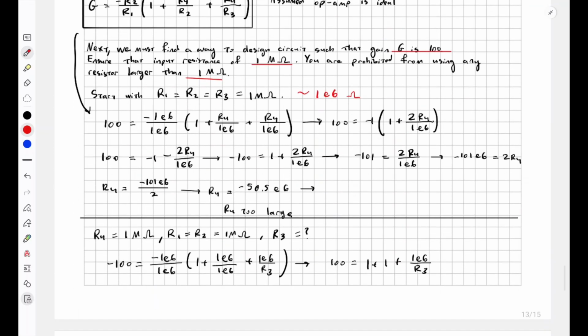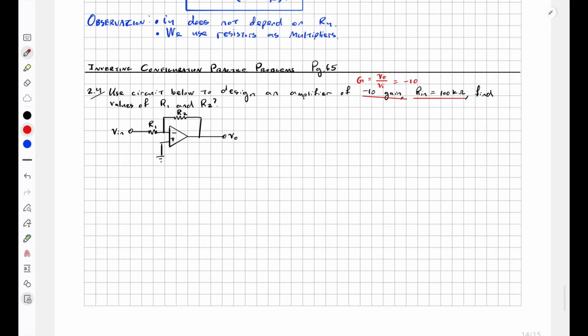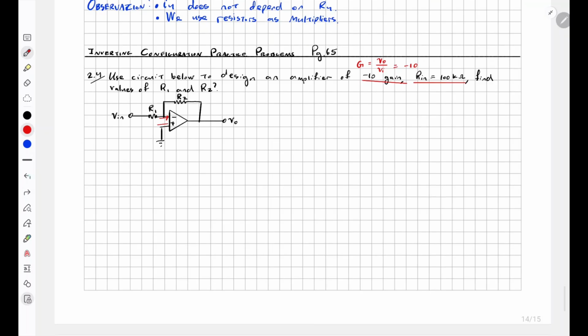So that's what we are going to do here. We treat this as an ideal op-amp, which means there is no current going into the input terminals. If that is the case, the current here is equal to the current here.